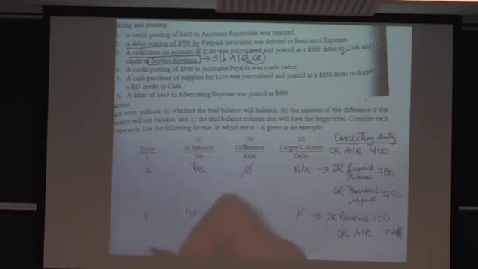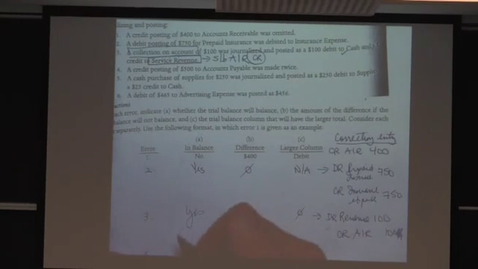Let's look at number 4. A credit posting of $500 to accounts payable was made twice. So what did they do? They debit some sort of expense, and they credited accounts payable for $500 twice. So is that going to create an imbalance?